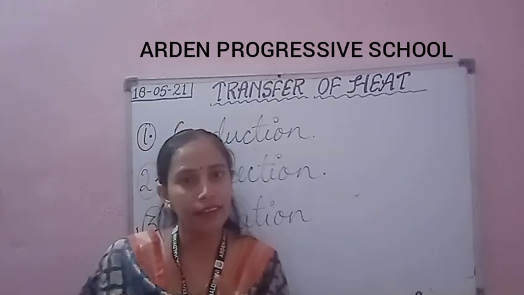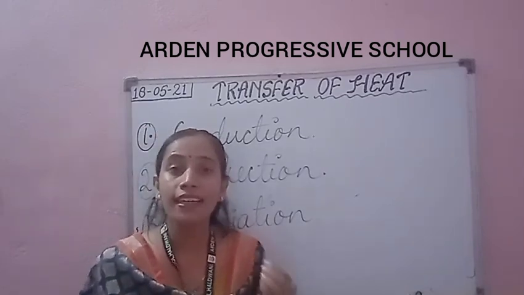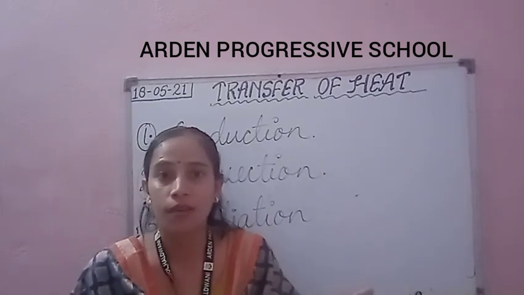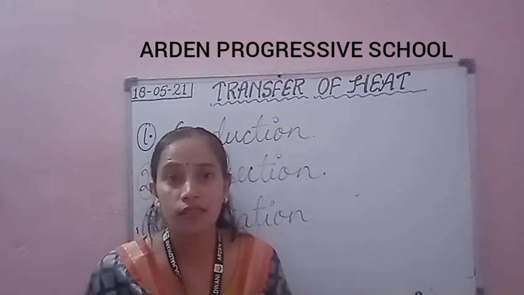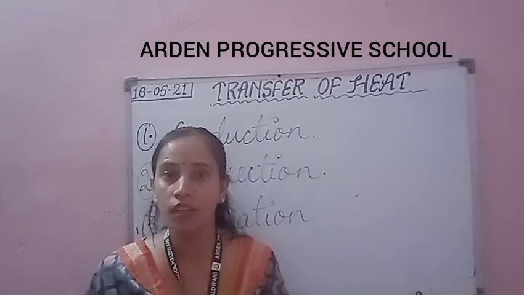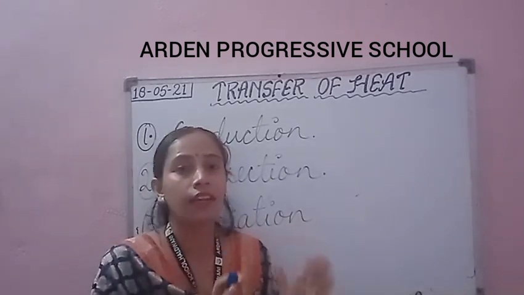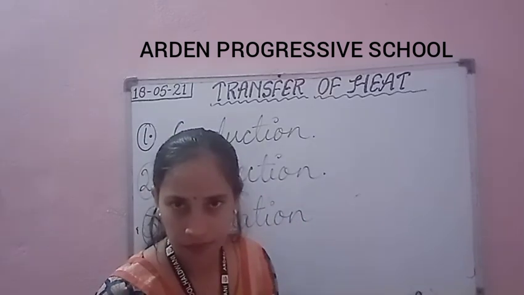Okay students, and in summer season we prefer to wear light color cloth. Simply a half shirt we wear in the summer. Okay students, so there are particular types of clothes that we wear in a particular type of season.